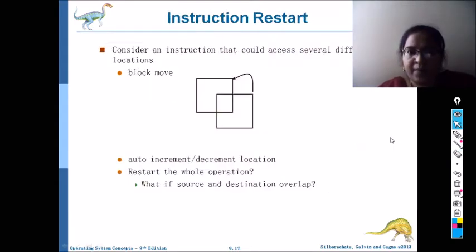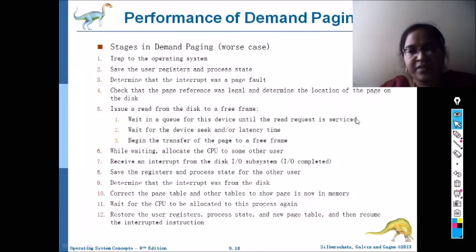Here you may have multiple page faults whenever you have a block move kind of instruction, or whenever an auto increment or decrement instruction is executed. Here you have to restart the whole operation, so the operating system has to be very careful in how it services the page fault.